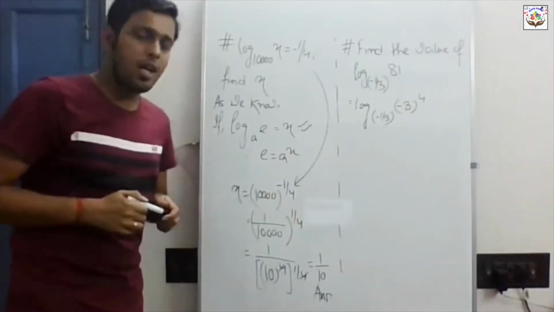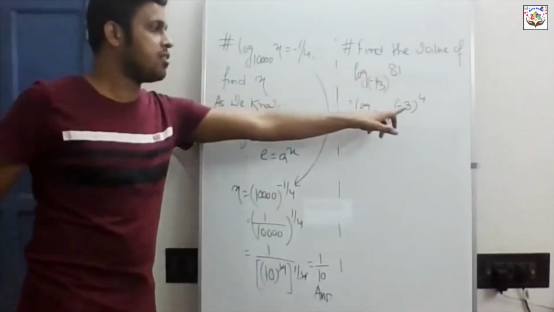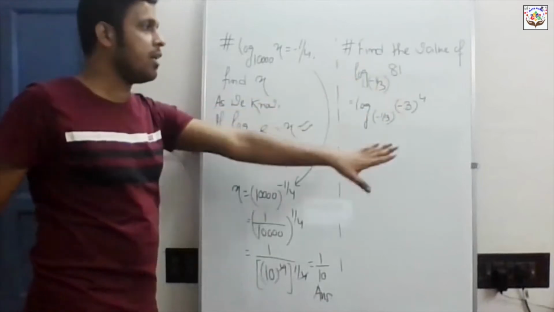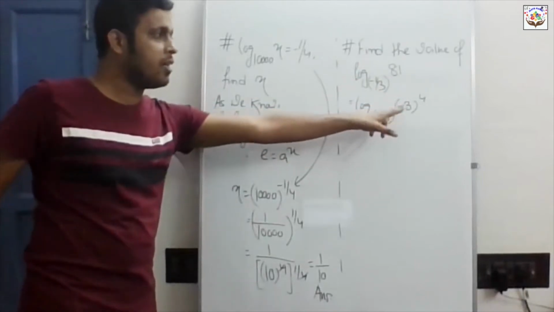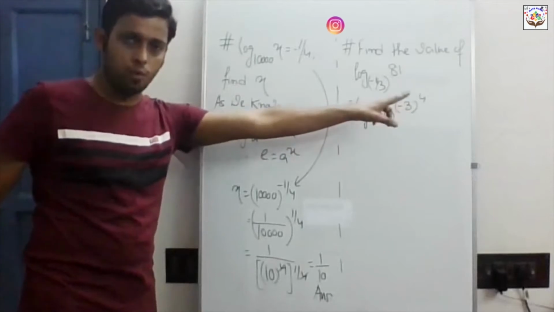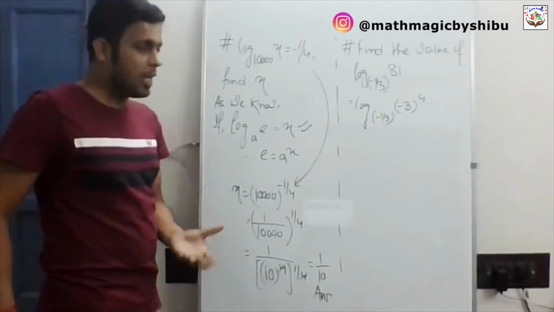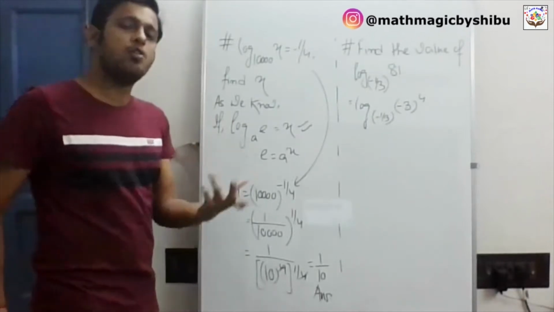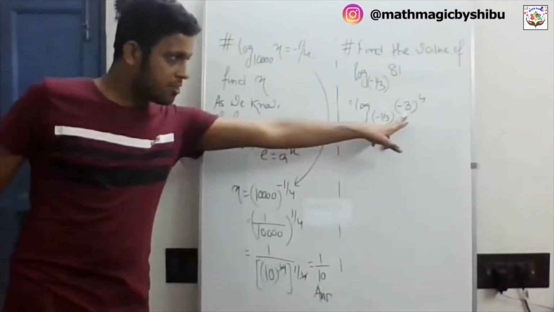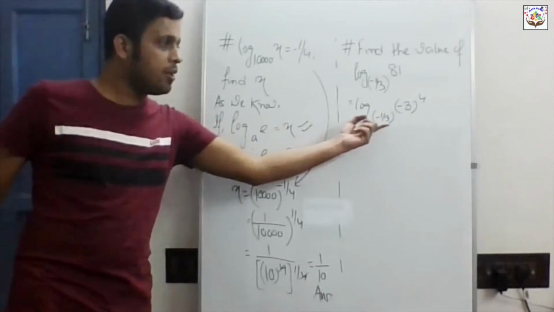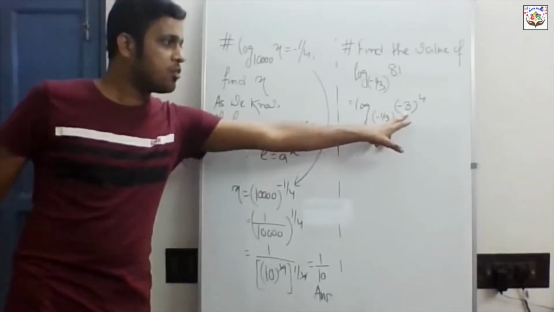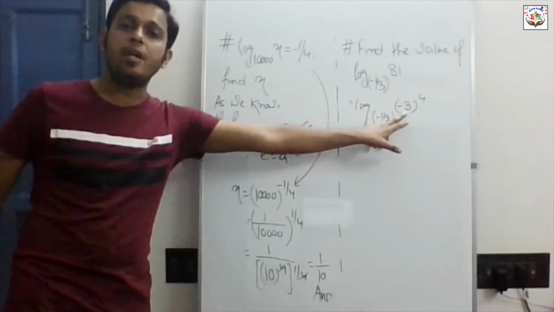Why did I not write 81 as 3 to the power 4? Because 3 to the power 4 is also 81 and minus 3 to the power 4 is also 81. I have written minus 3 as we need to make this one as minus 1 by 3.